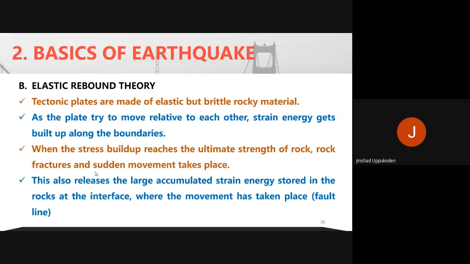The strain energy gets absorbed in the materials, and finally, when the stress value reaches the extreme limit that can be carried by the rock, when it reaches the ultimate point, at that time a sudden movement takes place. It breaks free.